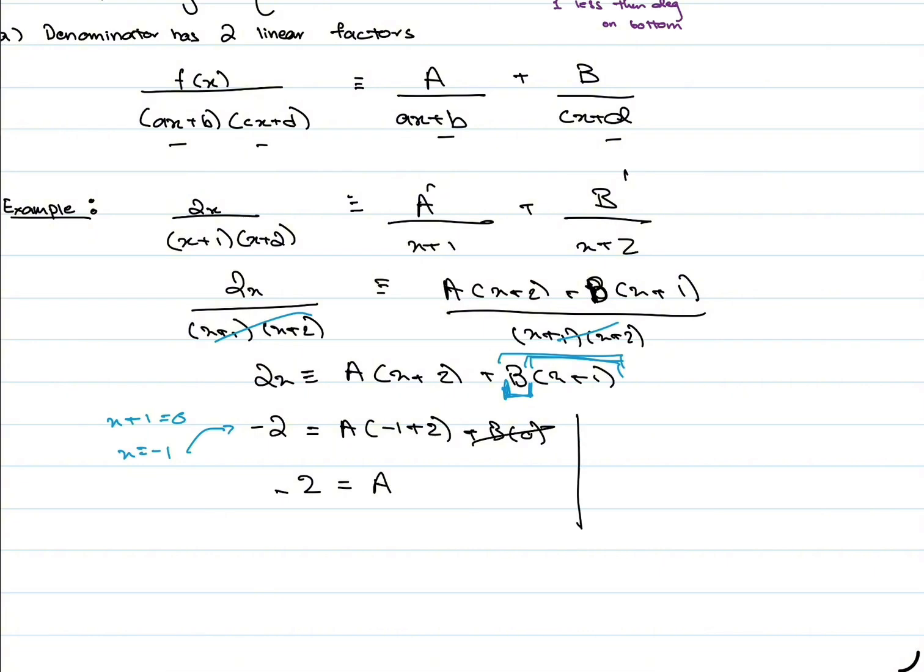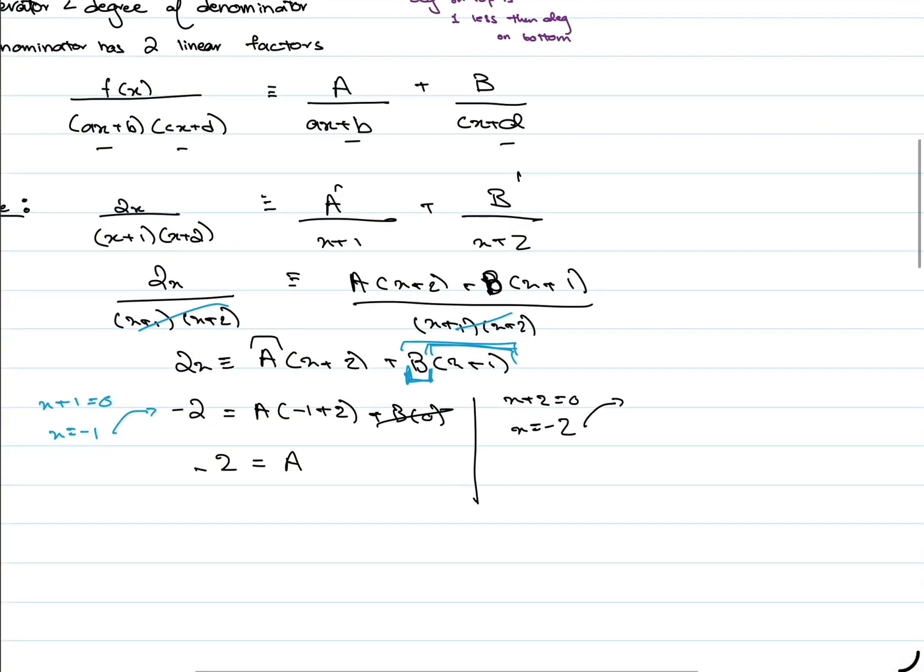Now to solve for b, we're going to do the same thing, and we'll get rid of a. So x plus 2 equals 0, x equals minus 2. Substitute that in. Minus 4 is equal to a times 0 plus b times minus 1.